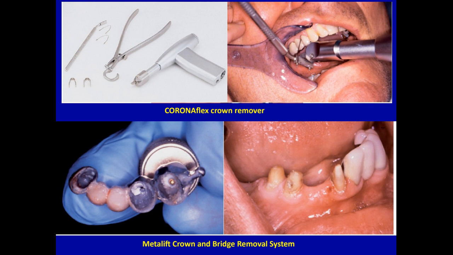These are the different instruments for crown removal. This is called the Flex crown remover, and this is the Meta Lift crown and bridge removal system. Each one has a different system and technique.